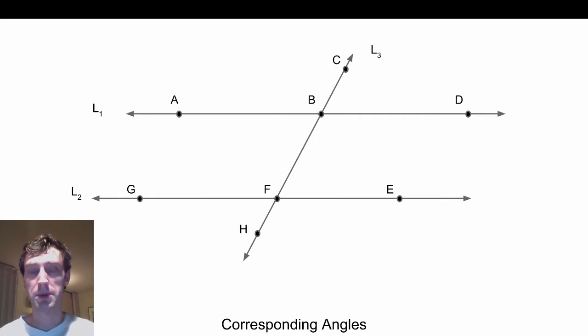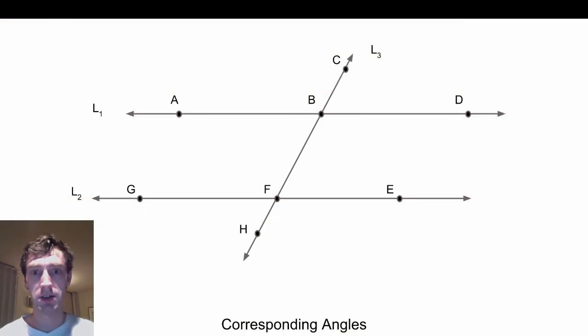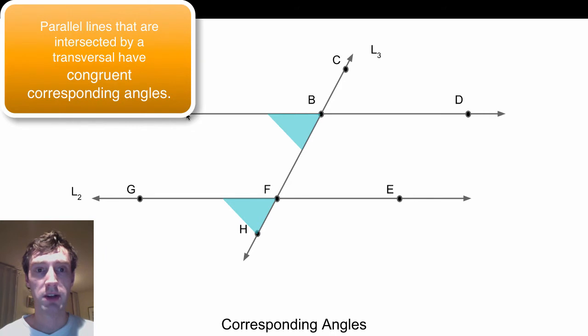I've also got corresponding angles. Those are the angles, one interior and one exterior, on the same side of the transversal line. So this angle here, ABF, corresponds to GFH. And the important thing to know here is that L1 and L2 are parallel. That means that these corresponding angles are congruent.